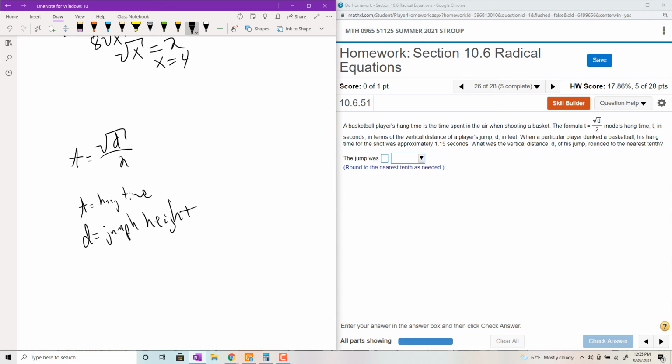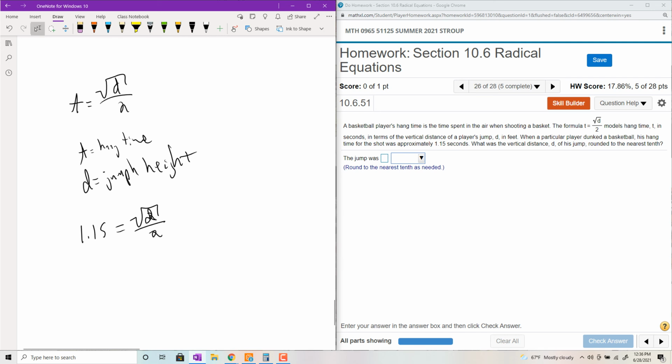In particular, when a particular player dunked a basketball, his hang time for the shot was approximately 1.15. So T is 1.15. The other side we have square root of D all over 2. So we're trying to figure out how high the person jumped. So I'm going to multiply both sides by 2. Get square root of D equals 2.3.